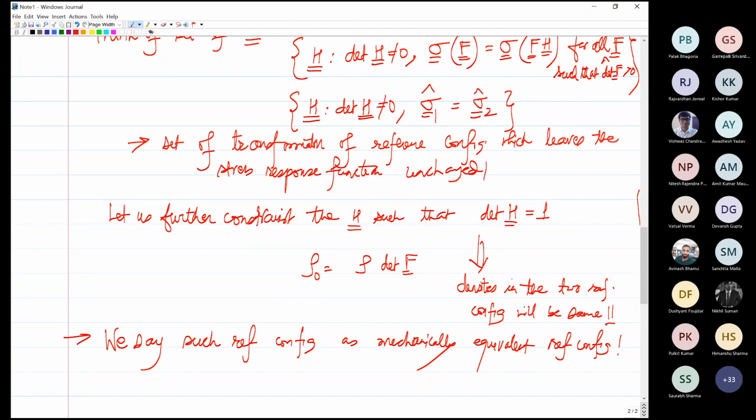In between, a technician comes and transforms the body through this H. And if that person who was doing the test comes back to do the repeat test, he will find his test to give the same result again, isn't it? Because he still has mechanically equivalent configurations. Although it's not the exact same configuration, mechanically it is an equivalent configuration.